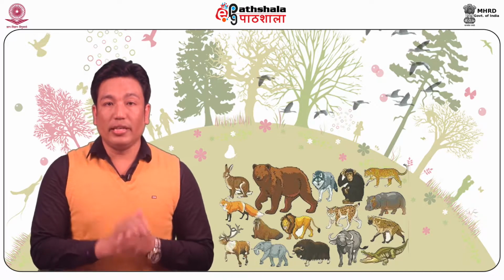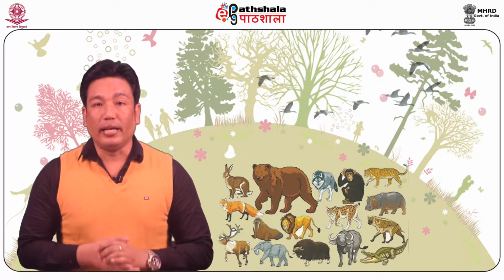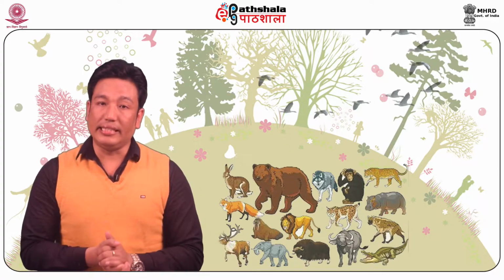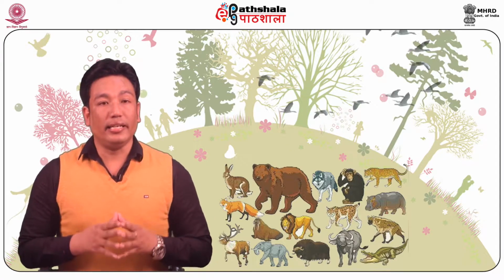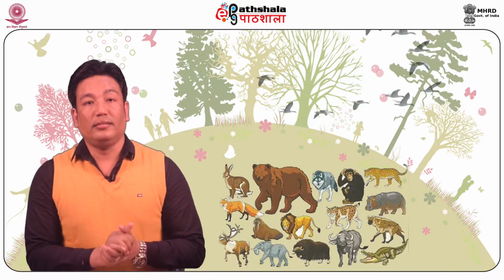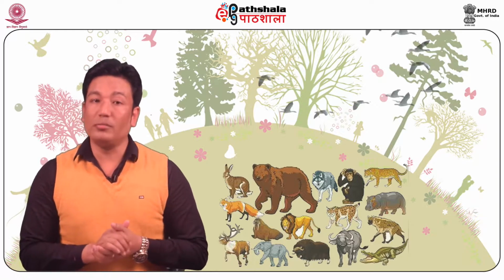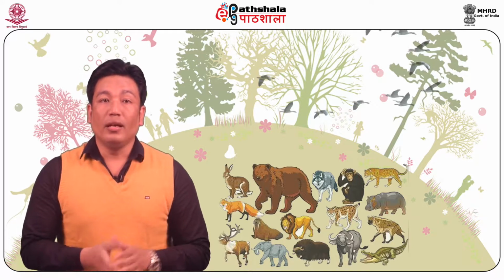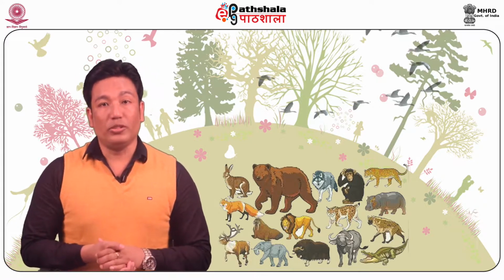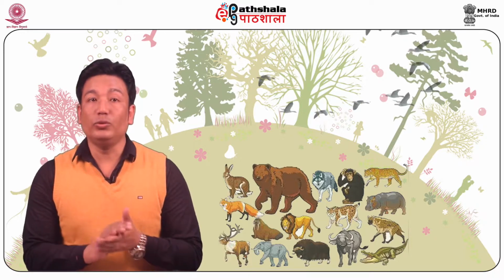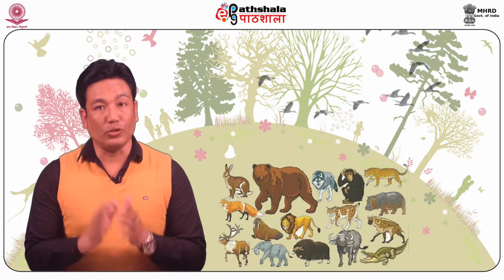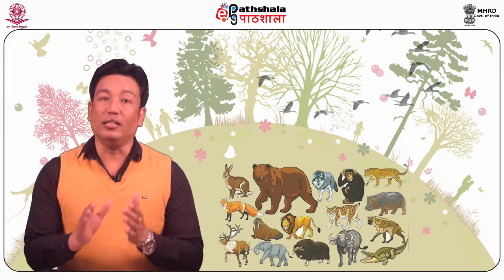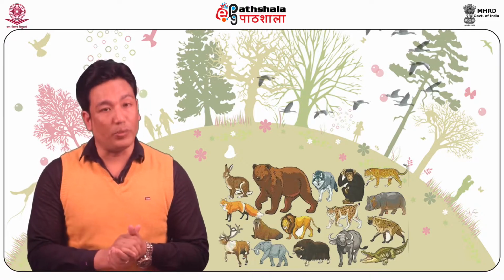Numerical response includes aggregative response, in which as the prey density increases, it attracts the influx of more number of predators to that area. Furthermore, numerical response also refers to increase in the rate of growth and development, and natality and mortality rate alters of predator population.